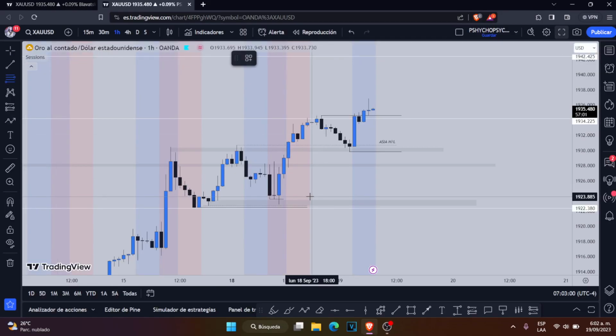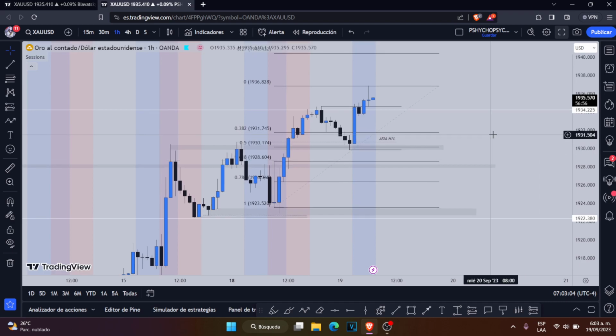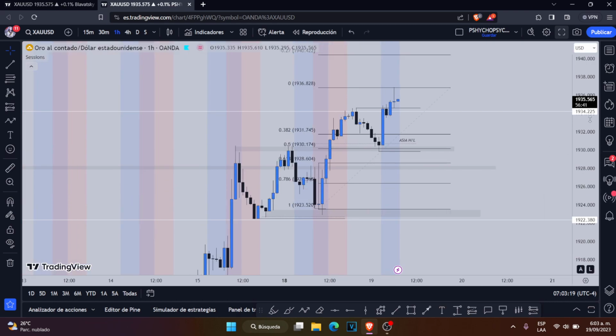I also use Fibonacci. It's very helpful. I like it a lot. Okay, here's 61.8 and 50% as a confluence for this level, right?